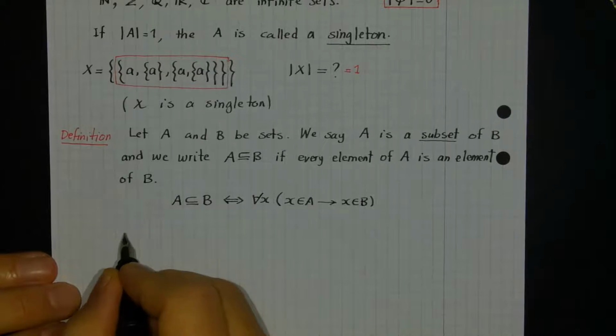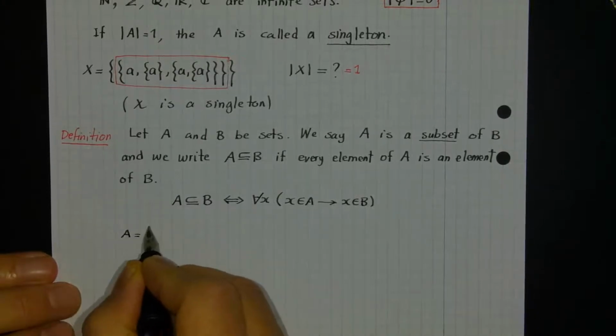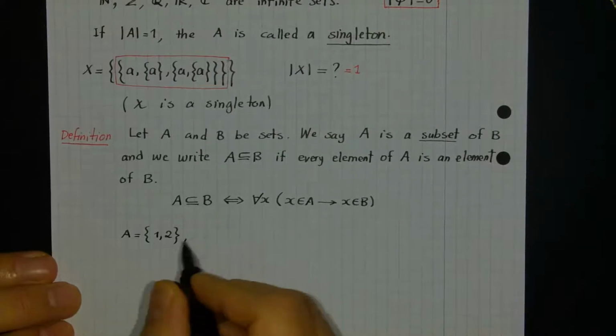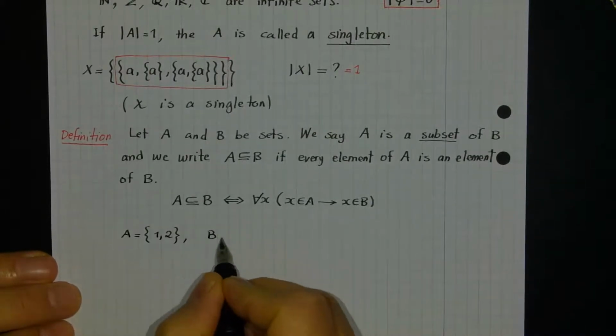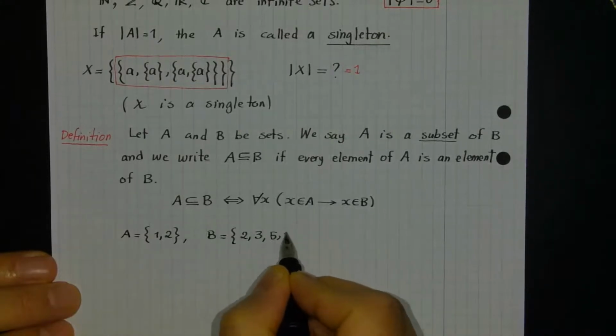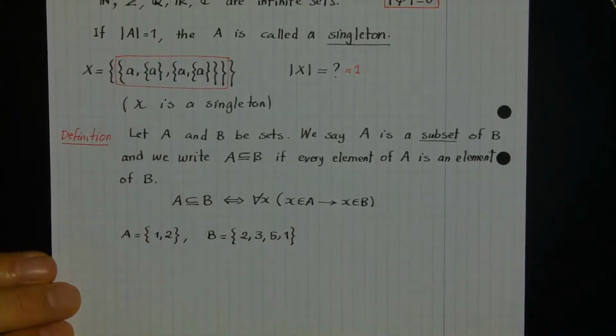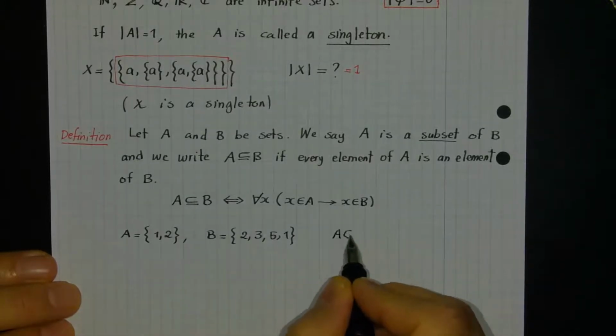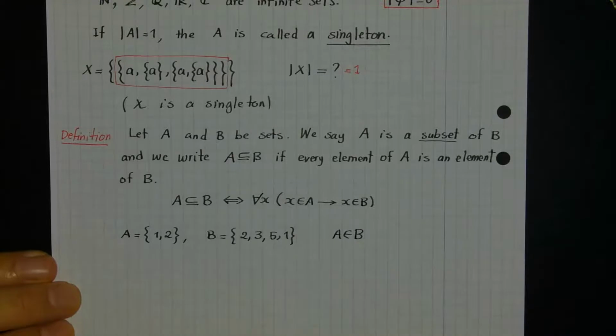For example, I write two sets here for you. One of them is {1, 2}, containing 1 and 2. And the other one is, for example, {2, 3, 5, 1}. Okay? If I say A belongs to B, do you think that is true? This is false.